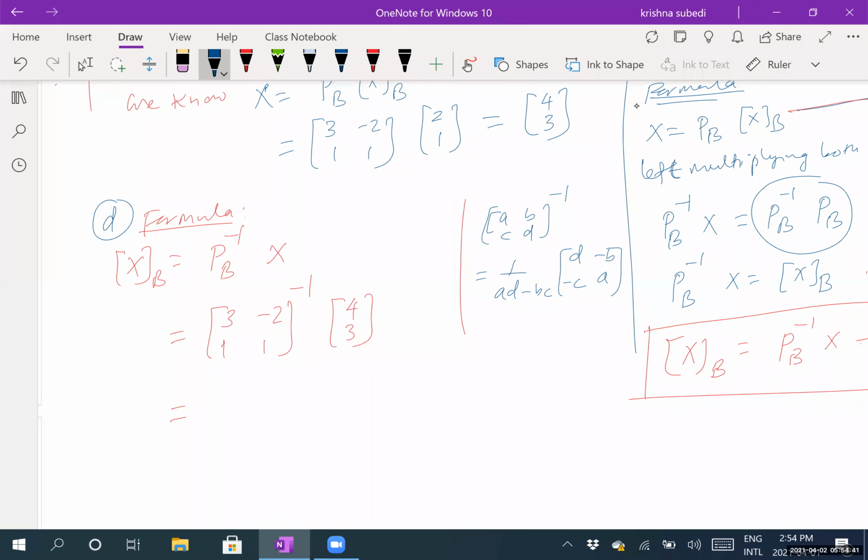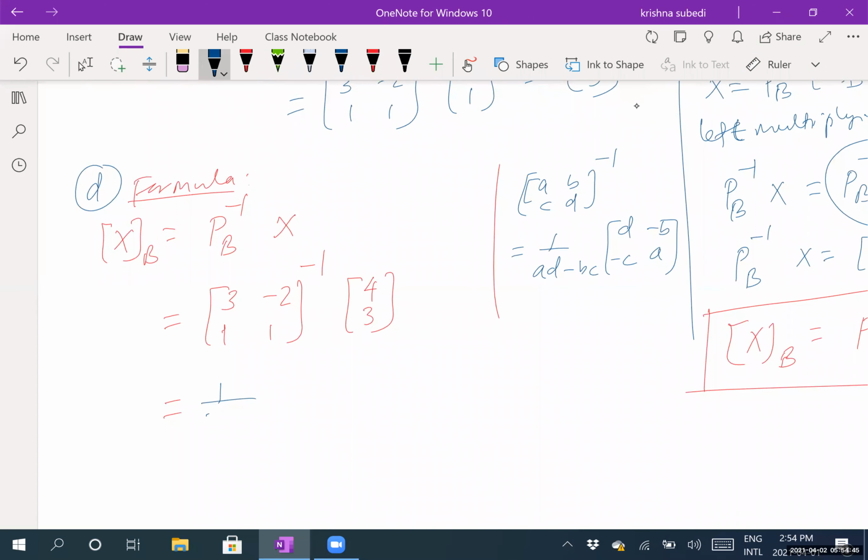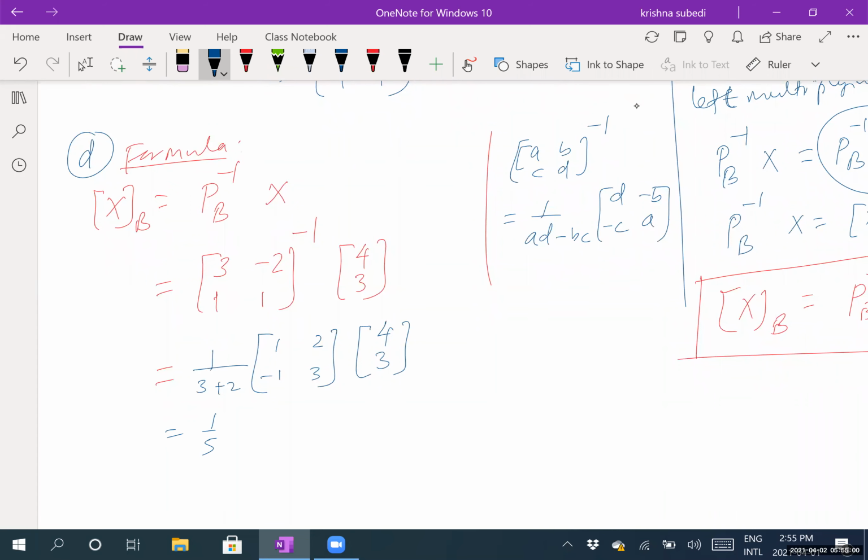So by doing that, I'm going to get 1 over 3 plus 2, and then the matrix will be 1, 2, negative 1, 3. That's it. And X is 4 and 3. So it will give me 1 over 5. And when you multiply this, how much do you get? You will get 10 there and 5 there.